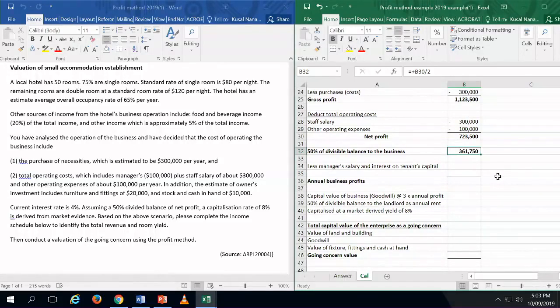The other 50% remaining in the business to calculate the net profit. Now, this 50%, we assume this is the business profit. Now, the tenant can subtract his salary, 100,000, and that annual business profit is 261,750. Plus, I saw something here, interest.